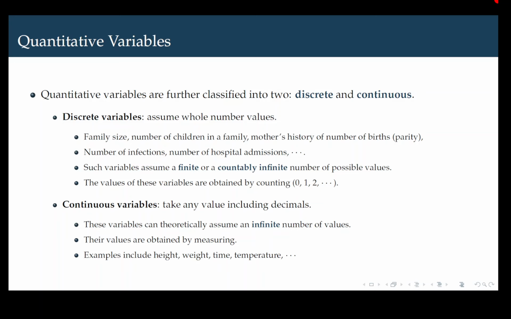Therefore, here the values of the continuous variables are obtained by measuring. For example, you can consider height, weight, time, temperature. If we want to know the height of an object, we need to measure. Therefore, the values of the continuous variables are obtained by measuring, and the values of the discrete variables are obtained by counting.